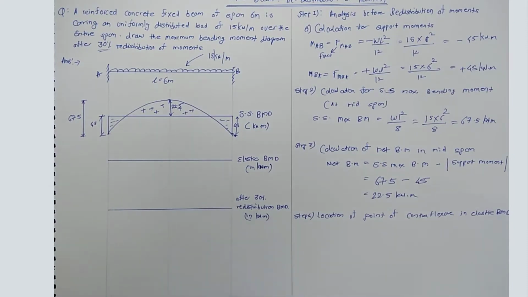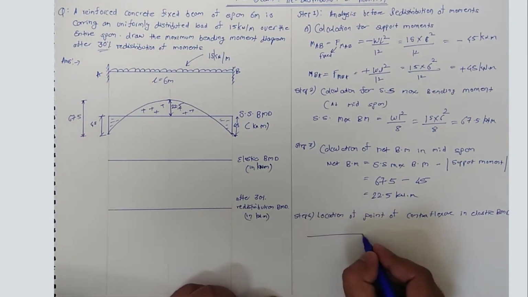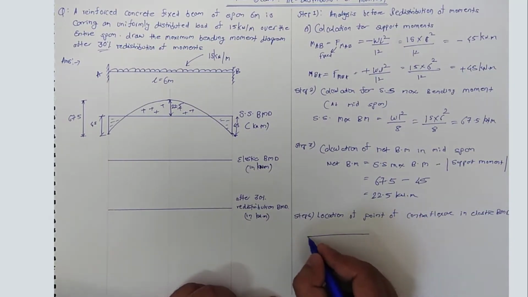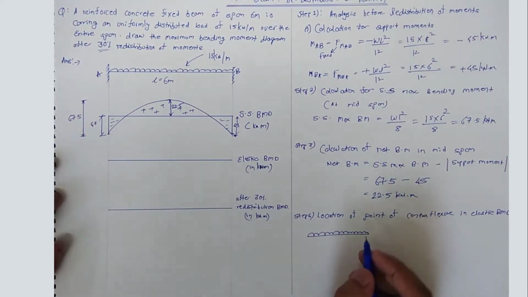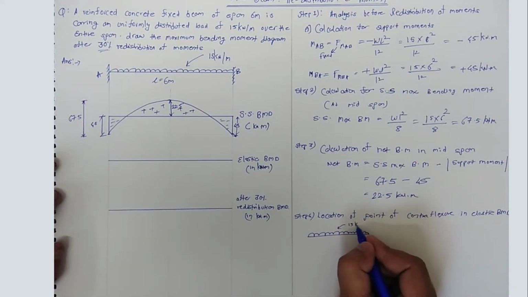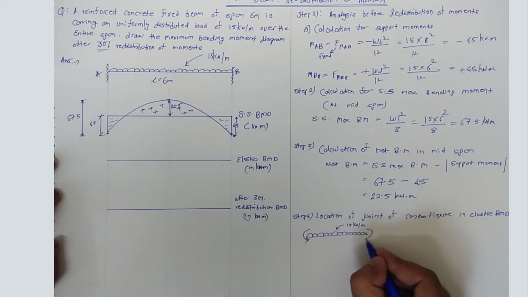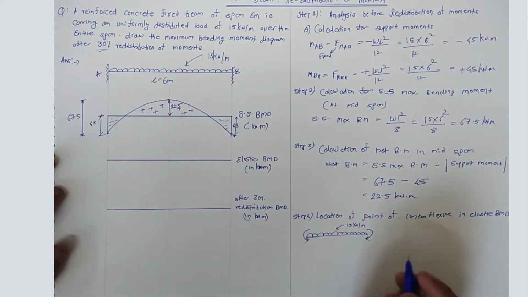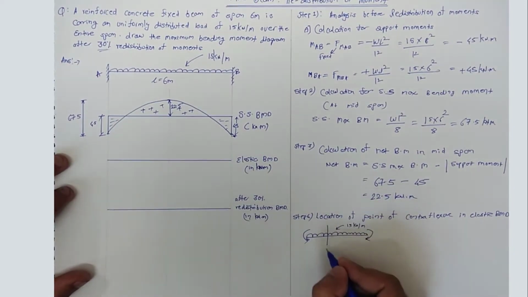So actually we need to take this, I need to draw a small beam here. I will draw a small beam to make it easy to understand. This is a UDL of 15 kilonewton per meter. The beam is fixed, so it has moments. For this you have this section, and that is the point of contraflexure.